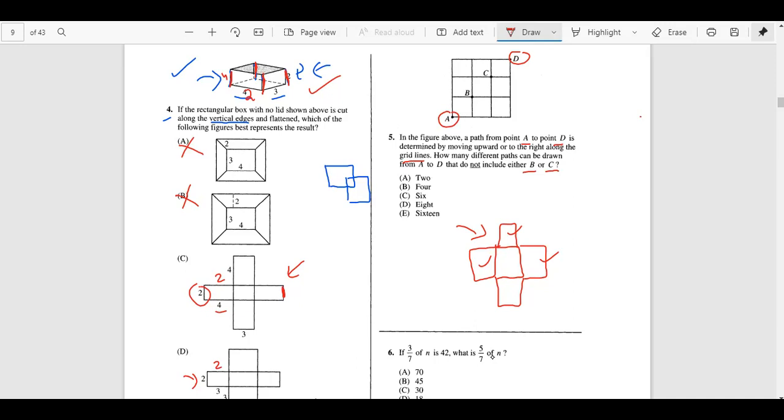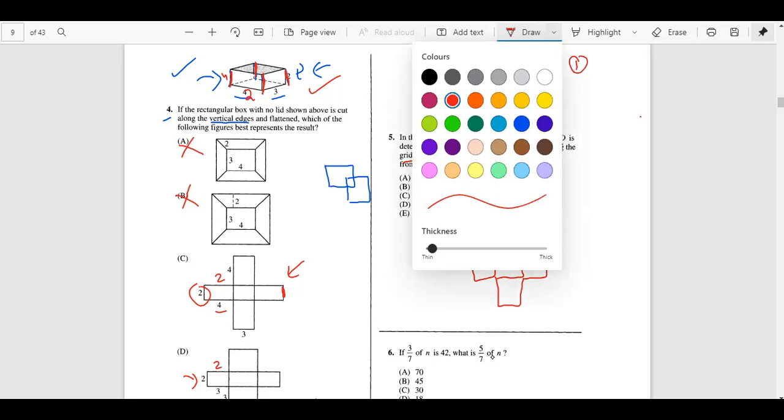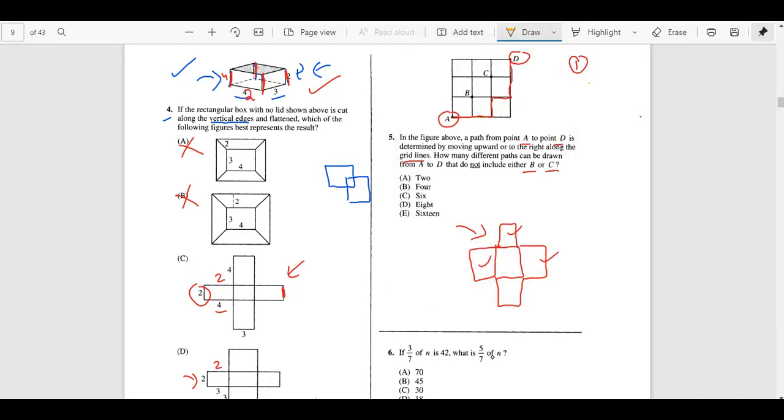One option could be that we go this way, this, and this. So this is one. Then I'll draw it using a different color. Let's say again I go this way, then I can go this way. This is 2.